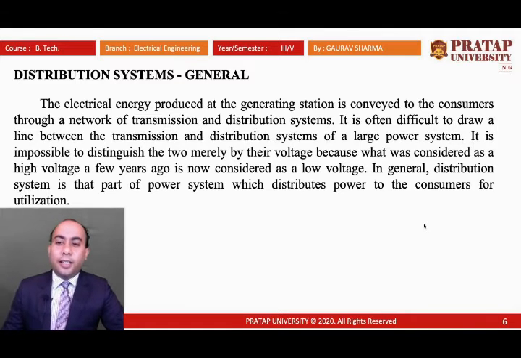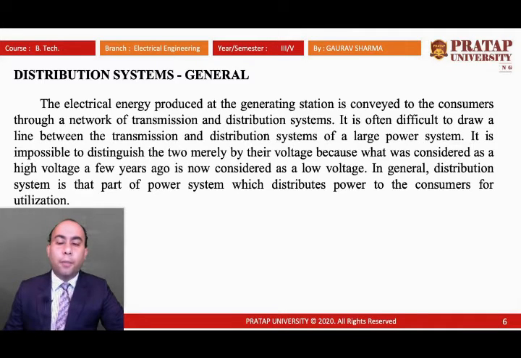Now the electrical energy produced at the generating station is conveyed to the consumer through a network of transmission and distribution system. It is often difficult to draw a line between the transmission and distribution system of a large power system.